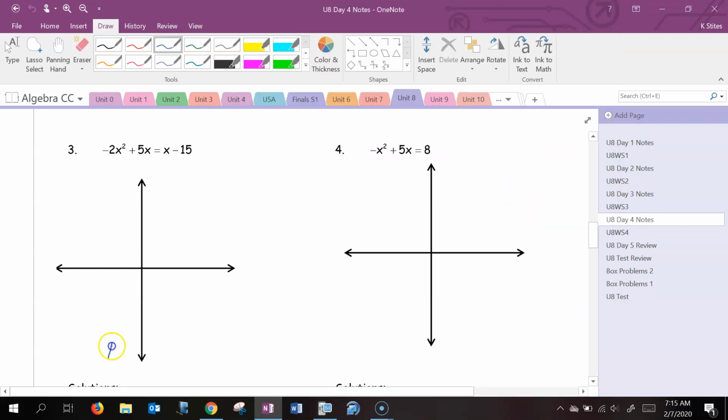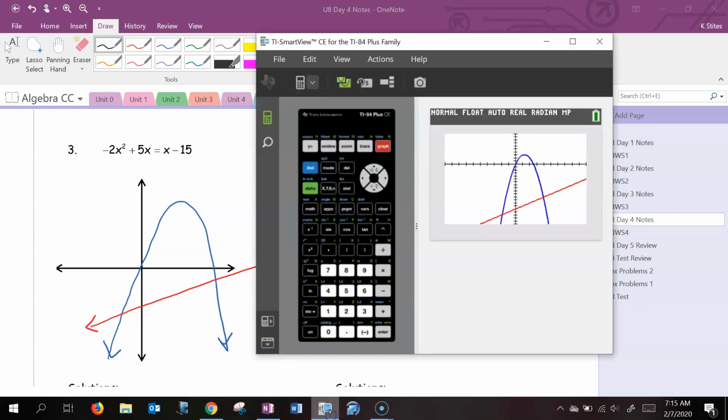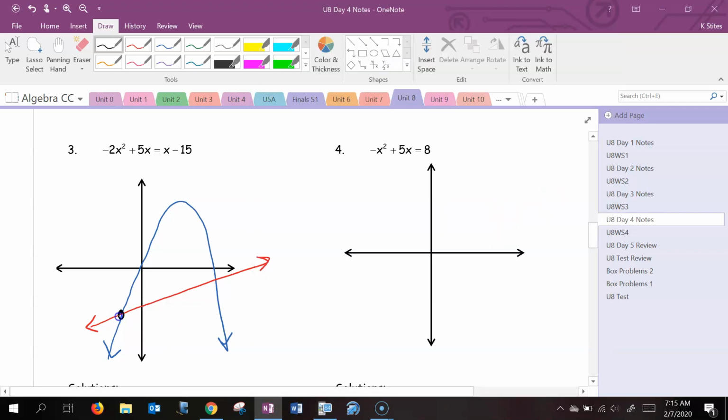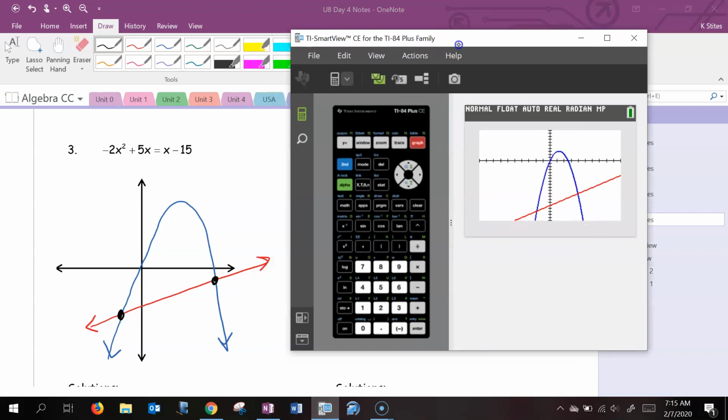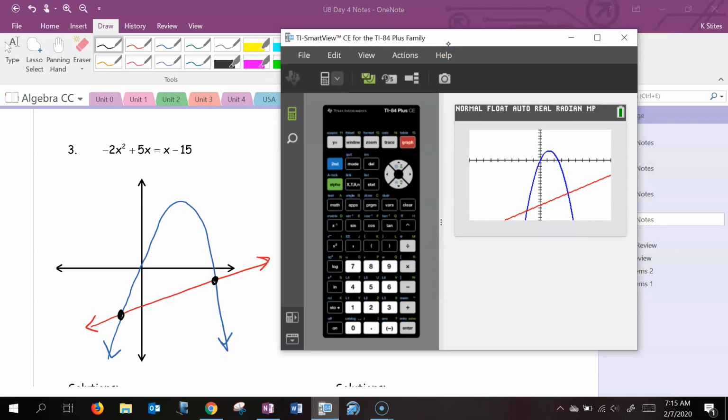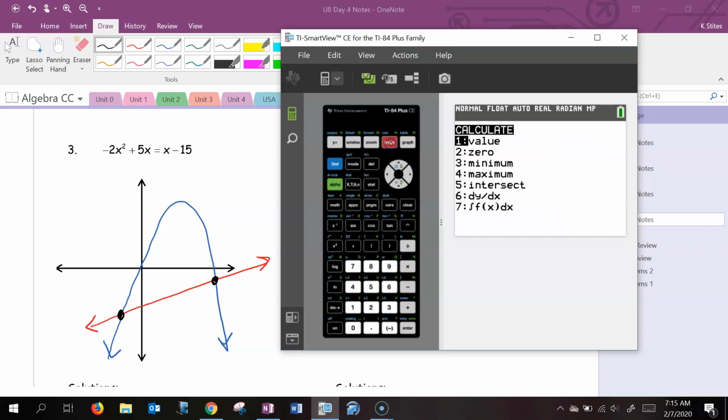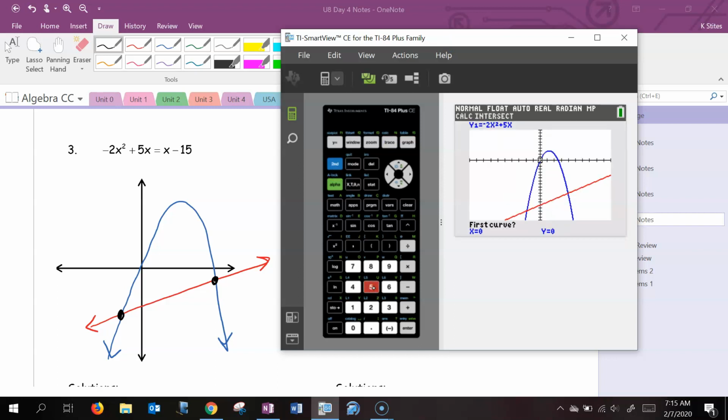All right, now you can go ahead and draw that. And it doesn't need to be perfect. It just has to be, you know, something along the lines of what it actually looks like. Okay, so you have two intersection points here and here. Go ahead and draw or put a dot for them. And then even though the graph looks different, we're still finding the intersection exactly the same way. Second trace 5, move your cursor over, and it doesn't matter which one you find first.